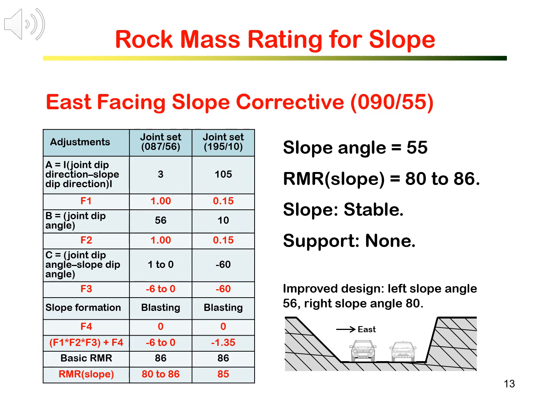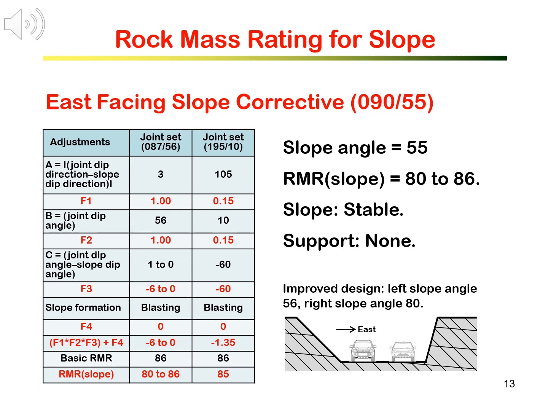We notice that the main contributing factor is the daylighting of the first joint set, with dip angle 56 degrees. Imagine if we cut the slope with slope angle equal or slightly smaller than 56 degrees, which is the joint dip angle. Then we eliminate the daylighting and eliminate the sliding potential.